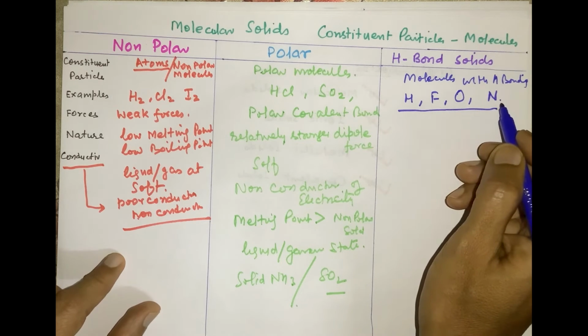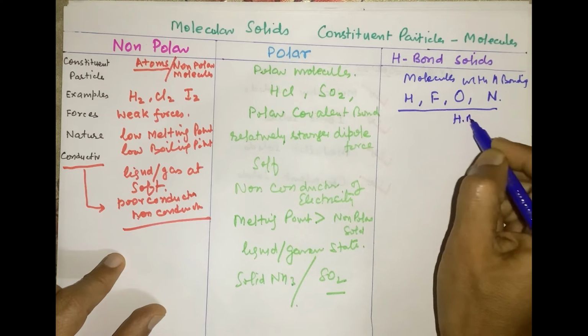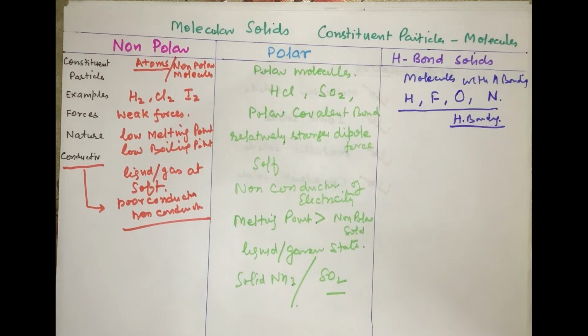They have hydrogen bonding between them. So the solids formed by these elements, they are hydrogen bond solids.